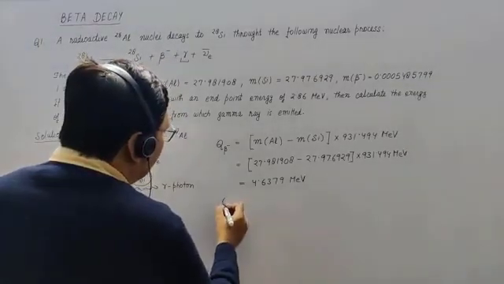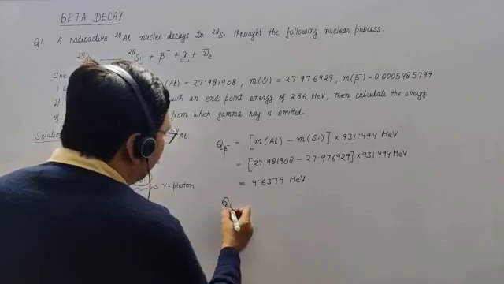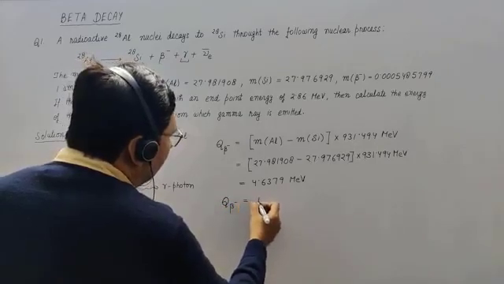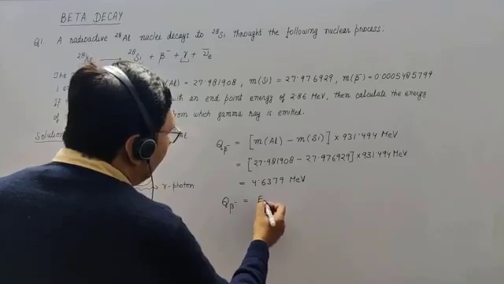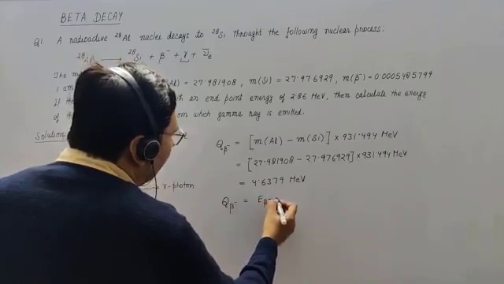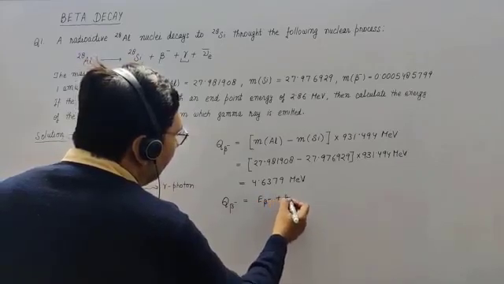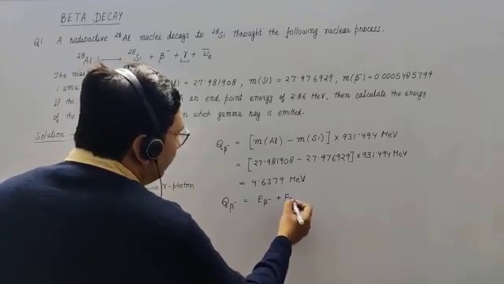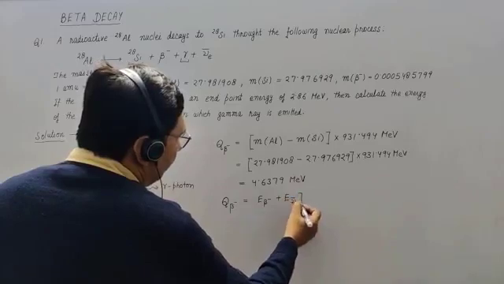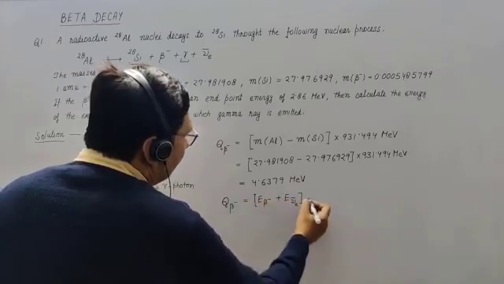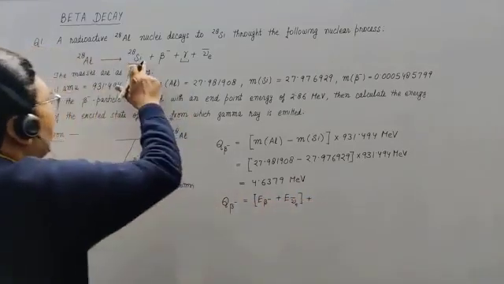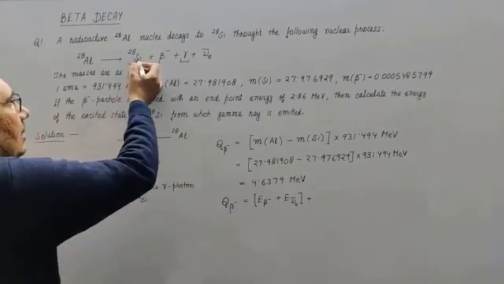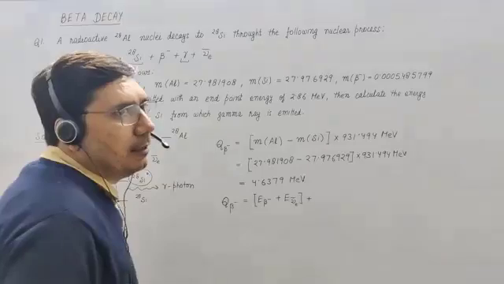So Q beta will be equal to the energy carried by the beta minus particle plus the energy carried by this antineutrino plus the total energy carried by this silicon and gamma photon.